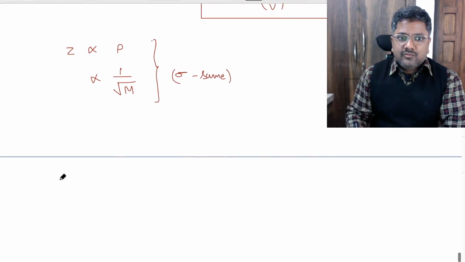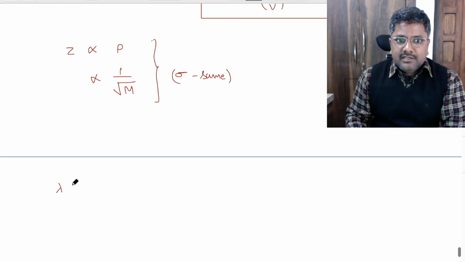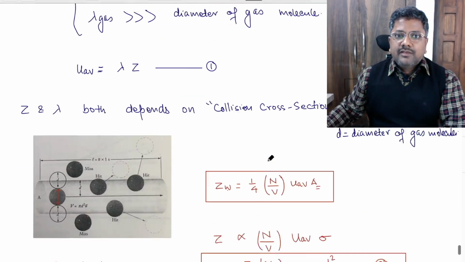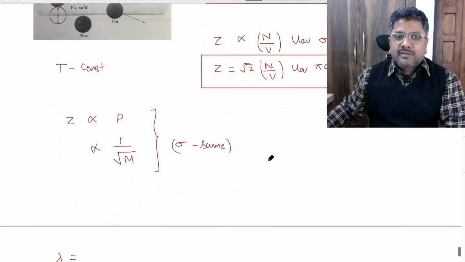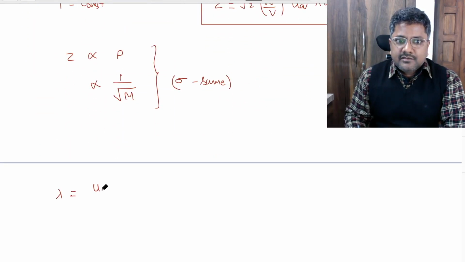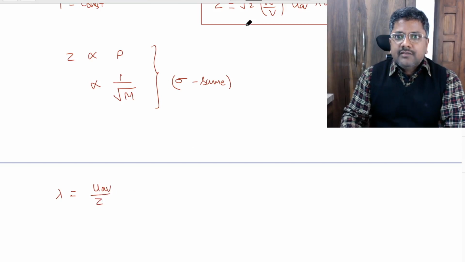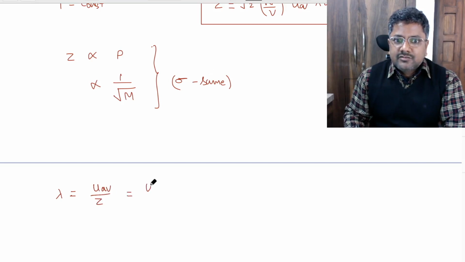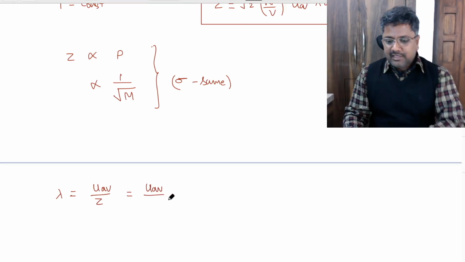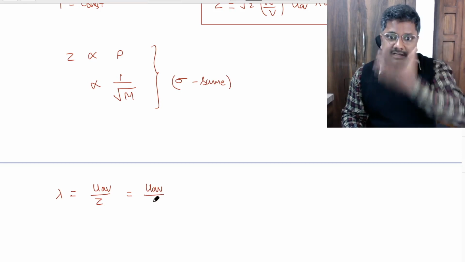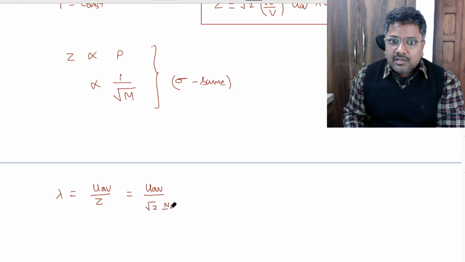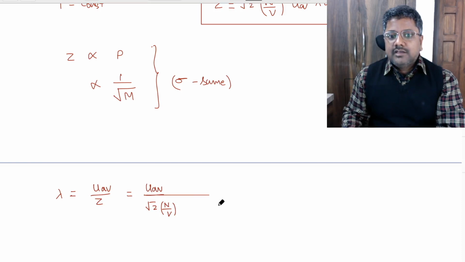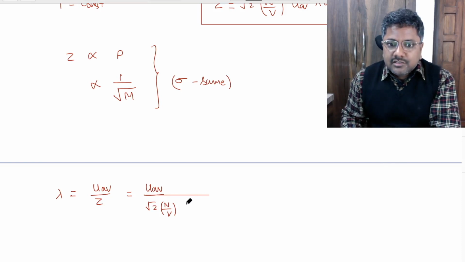Lambda is equal to U average by Z, and we have calculated this formula for Z. So U average by Z is equal to U average divided by root 2 n by V, U average into pi d square or sigma.